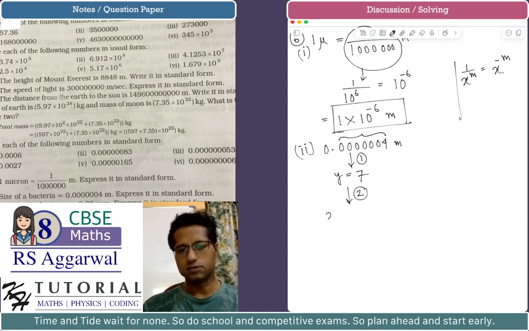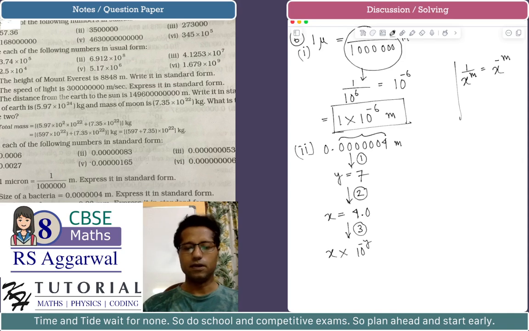After step 2, we will find x. What is x? Consider the given number as a whole number by ignoring the decimal point. So it will be 4, and then put a decimal point after the leftmost digit. It will be 4 point, but usually we do not write 4 point, we write it as 4.0. Okay. Now as a final step, the standard form will be x multiplied by 10 to the power minus y.